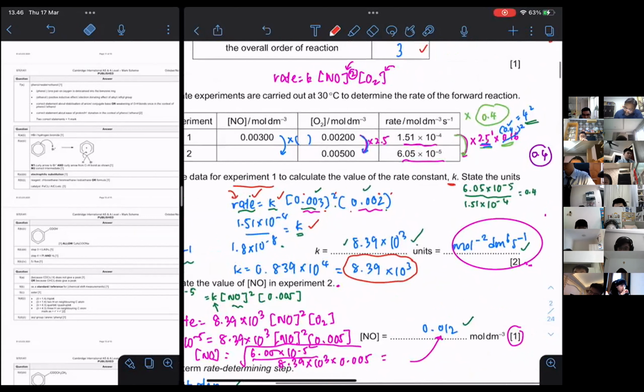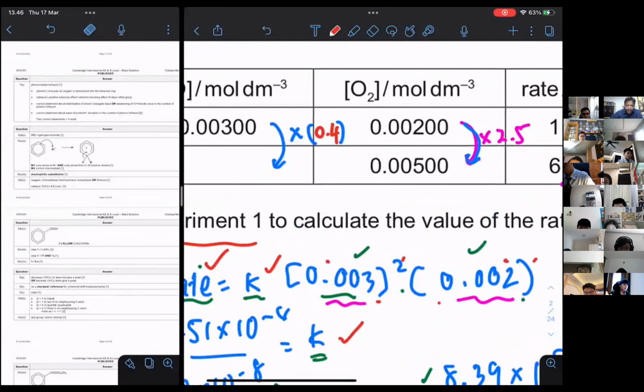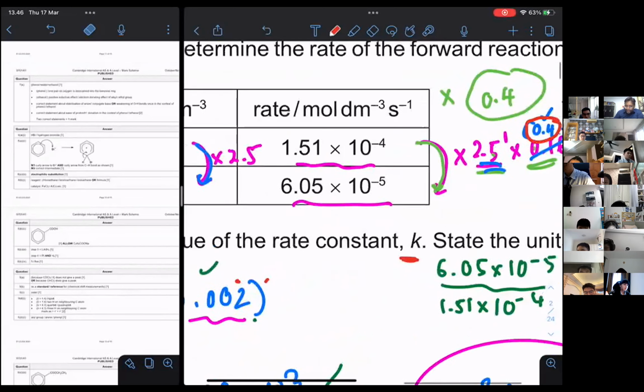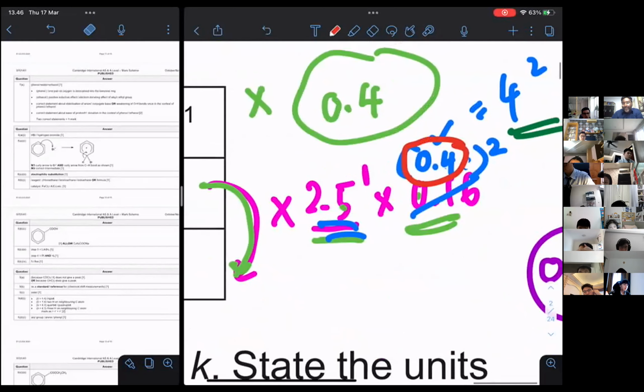If this is 0.4 to the power of 2, then this is also going to be 0.4, but not to the power of 2. If I times by 0.4, then this one must be 0.4 to the power of 2. That is going to explain this is going to be a second order reaction.